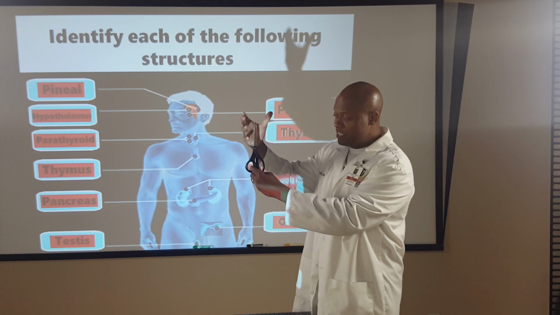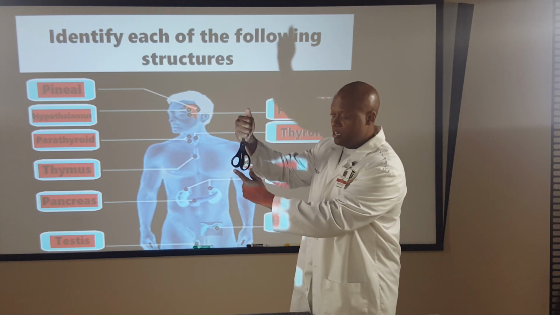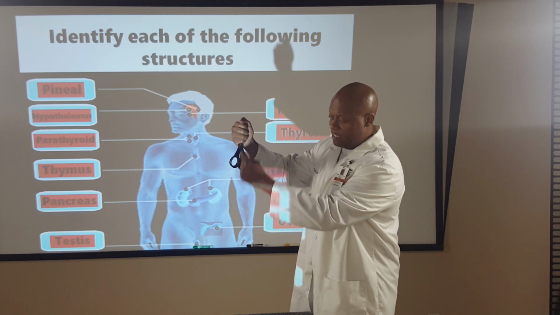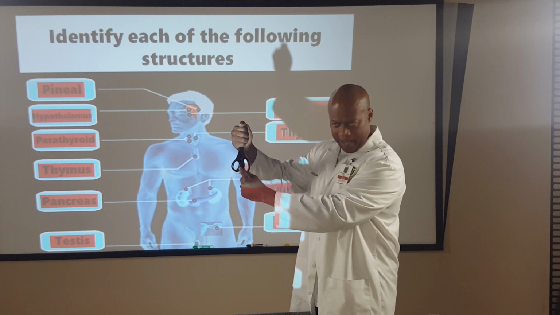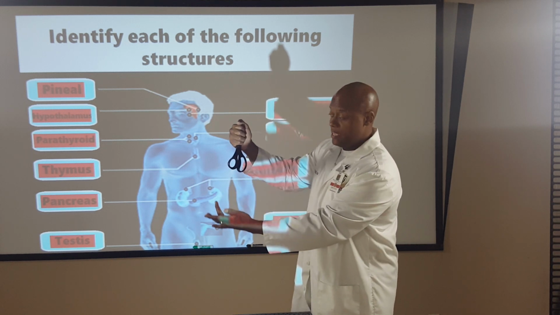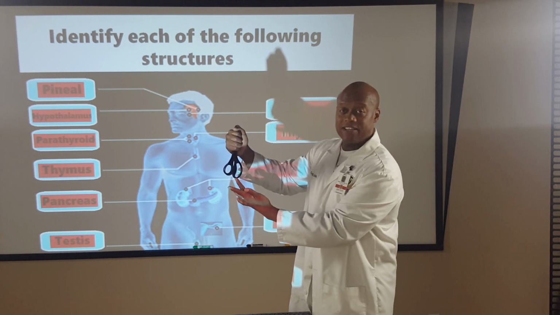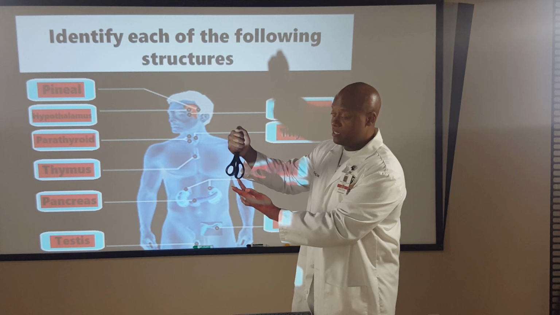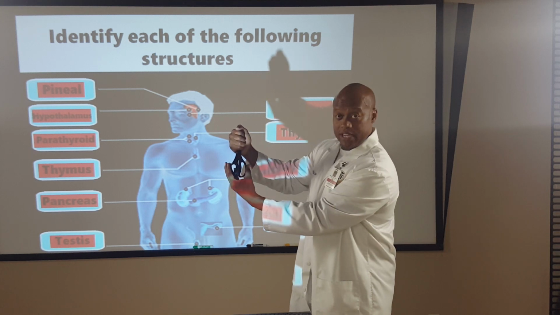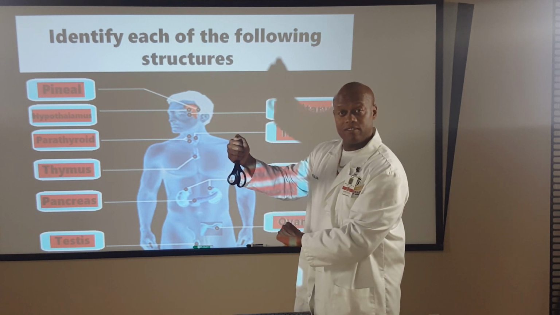This is the way it actually looks: a hypothalamus, and then your pituitary looks like it's hanging outside of the hypothalamus. Your pituitary has 2 parts, the anterior aspect and the posterior aspect. So, hypothalamus, pituitary, but 2 parts of the pituitary, anterior and posterior.